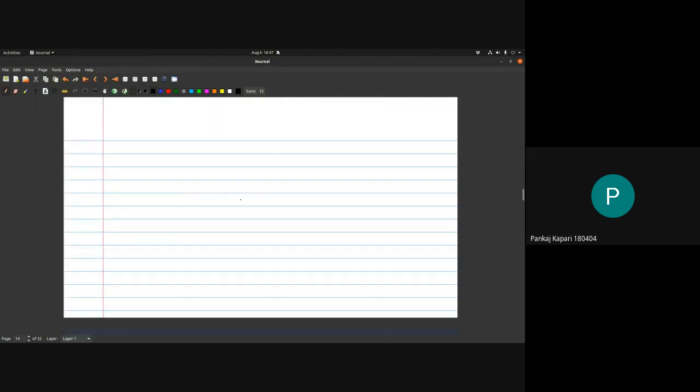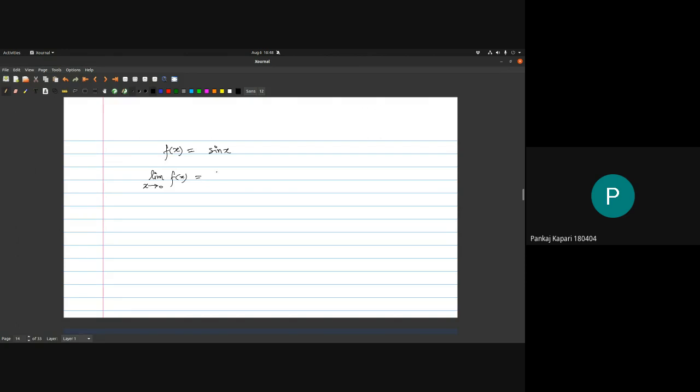Let's take a very simple example. Let's take f(x) equal to sin x, and we want to show that the limit of this function f(x) when x goes to 0 is equal to 0.